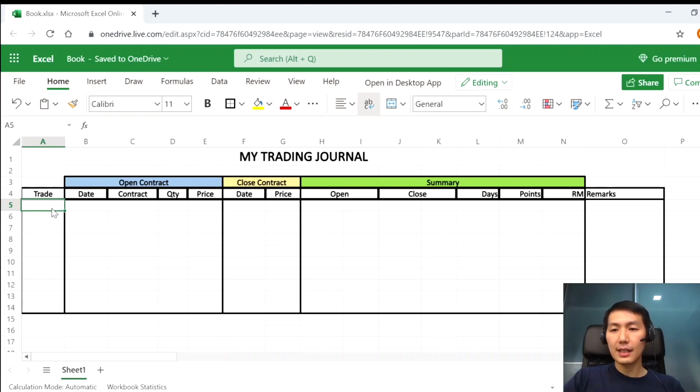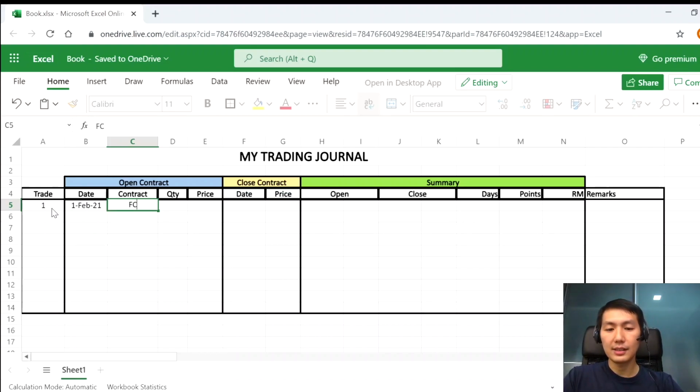So now let's say for the first trade, when I want to record my trading, I put 1 as my first trade. Let's say I entered the FCPO contract on 1st February. So here I type in 1st Feb 2021. On the contract column, this is where I key in the contracts that I traded on 1st February.